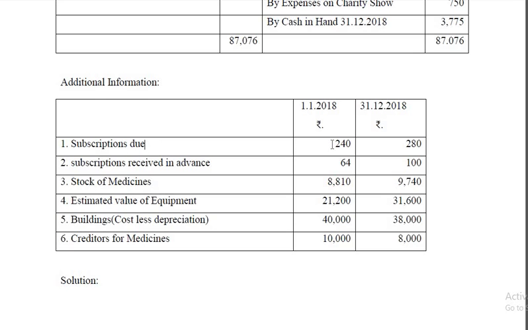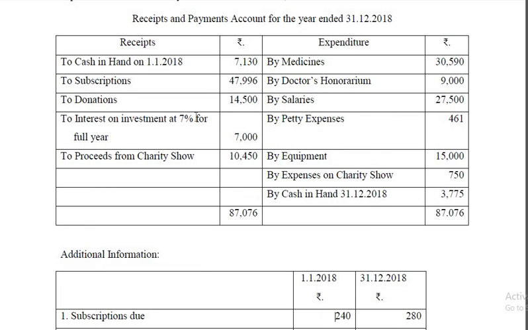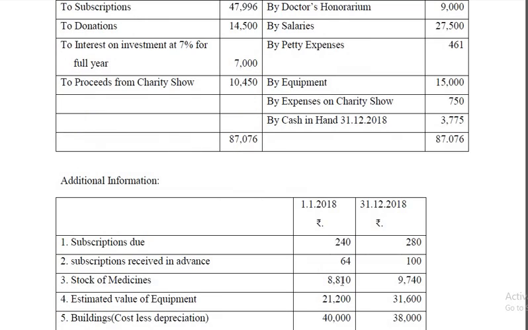Subscriptions due 240. This is due at the end of the previous year. So here you have got subscriptions 47,996. This amount includes 240 received during the year, but for last year. Therefore, these 240 rupees are to be deducted from 47,996.